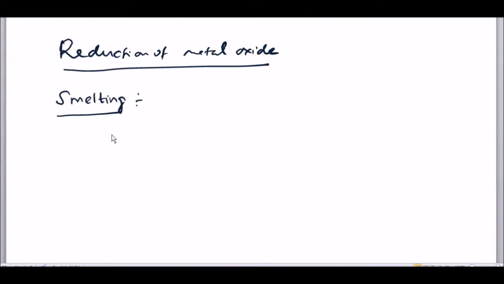Sometimes the ore like Fe2O3, this oxide of iron, on treatment with carbon monoxide, that's a reducing agent used here in the smelting procedure. The carbon monoxide can take up oxygen to form carbon dioxide, and Fe is separated out.